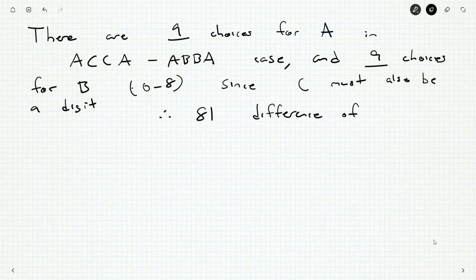differences of 110. Now we know there are 89 differences in total, with 81 accounted for, so the other 8 should be 11, but let's briefly talk about this.